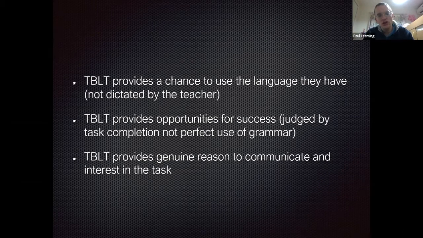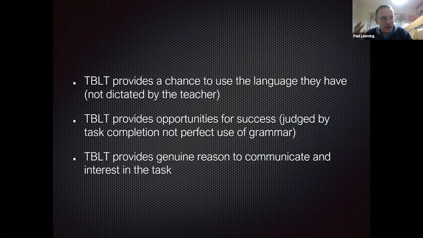They're not judged on their perfect use of the past tense, of the third conditional. They're judged by, did you manage to decide what the best restaurant was, or at a more simple level, did you manage to buy that ticket? Did you manage to order that pizza? Yes, you did. Well done. You achieved success. You used English for success. And you'll often hear this with students when they go abroad.